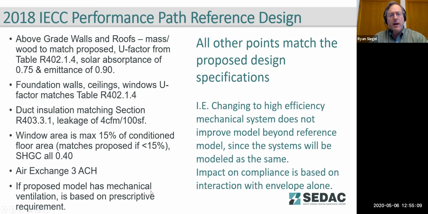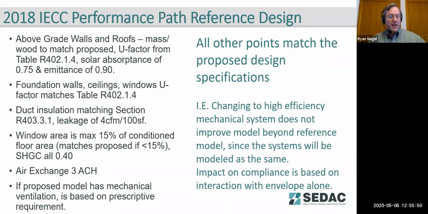So if you do have low leakage ducts or a much tighter air envelope than 3 air changes per hour, I will note again here, the program's default is 3 air changes per hour, which is the International Energy Conservation Code stated value. So if you do have tighter envelopes and tighter ductwork, REScheck does not allow you to change that. So that can be a little bit of a challenge there.